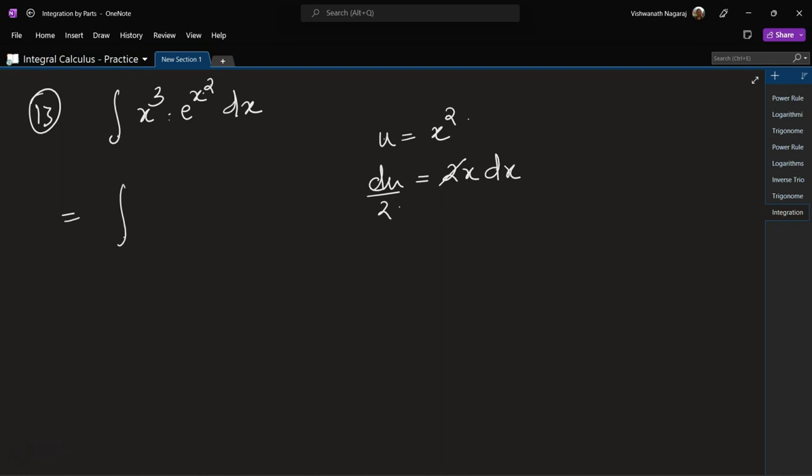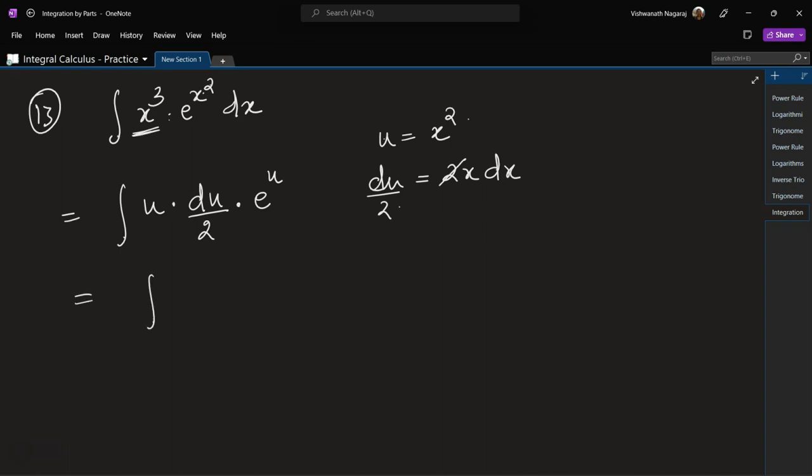So one of the x square will become u times, and we have 1x from here and e to the power of x square. But instead of looking at e to the power of x square, we have 1x and dx. So we write du by 2 times, now e to the power of x square. So that becomes e to the power of u.